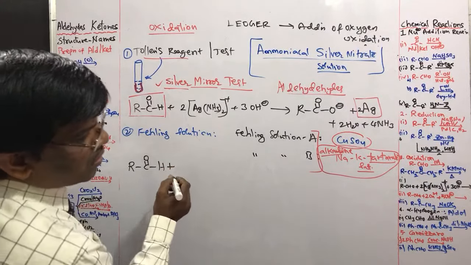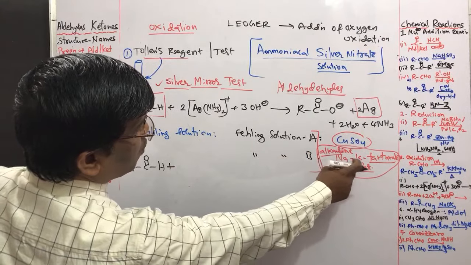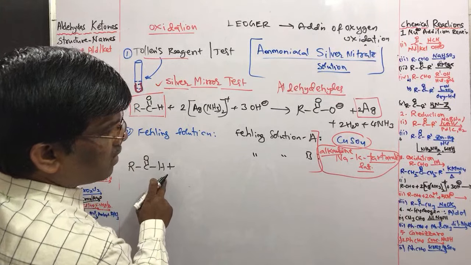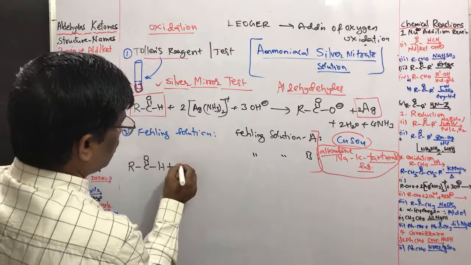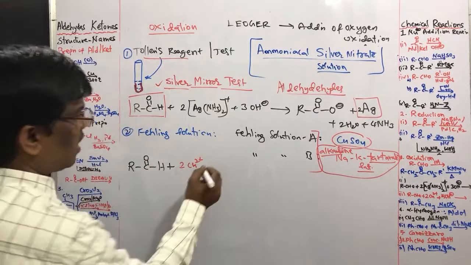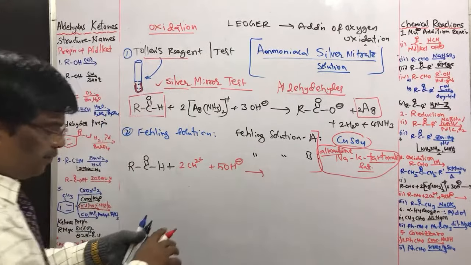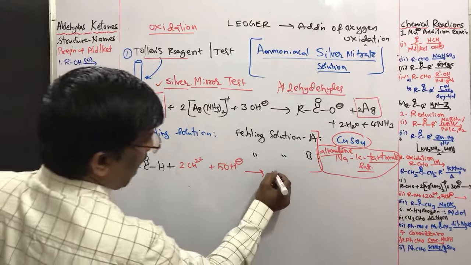So it is going to form this solution, copper sulfate plus alkaline sodium potassium tartrate salt. It is going to give aldehyde plus 2 copper 2 plus ionic state and plus 5 OH to give acid.